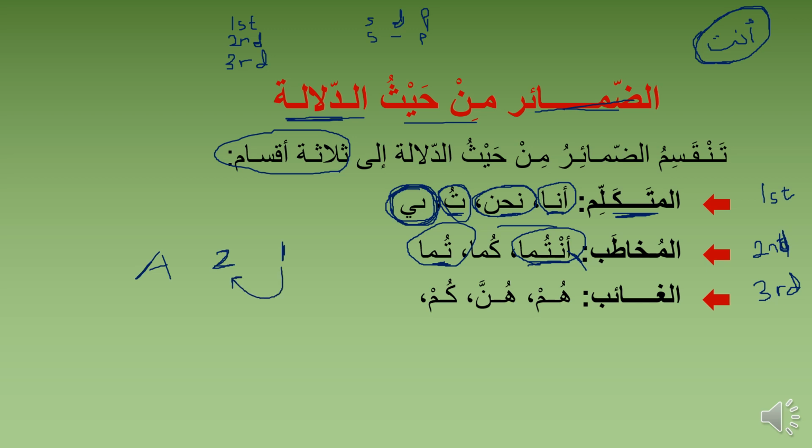So the three of us are here, right? Zaid is the person I'm talking to. I am the mutakallim. Zaid is the mukhatab. Ahmad is the gaib.